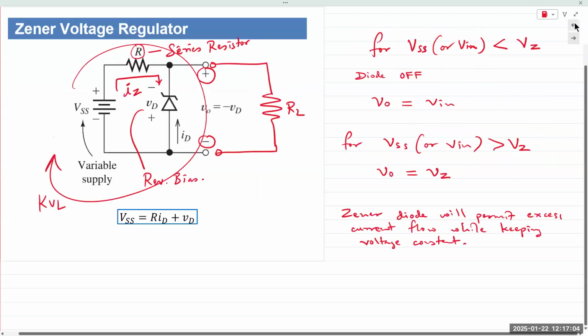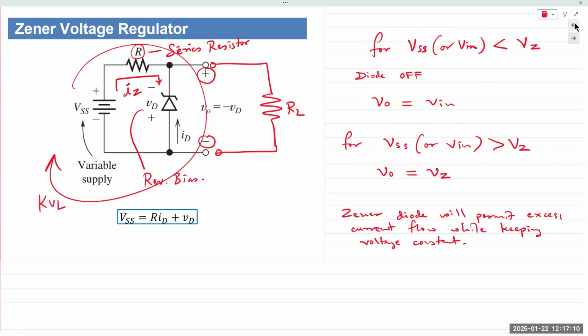Because the reference for a diode always goes from anode to cathode, and we are working in reverse bias, the negative sign indicates we are working in reverse bias. But again, key thing that I pointed out last class was even if we take the diode voltage and diode current as positive from anode to cathode, Zener diodes are used in reverse bias.